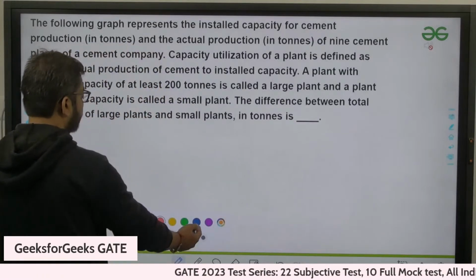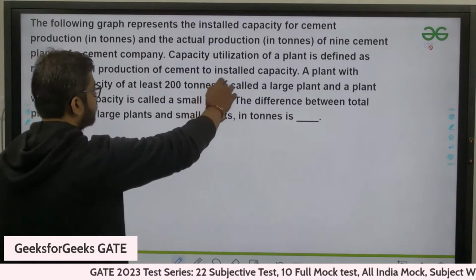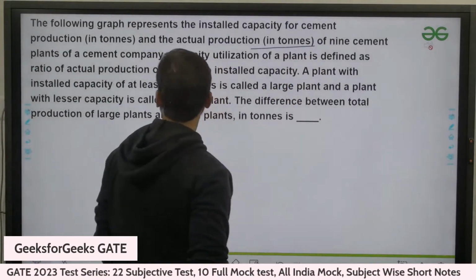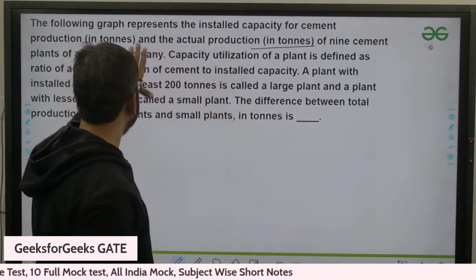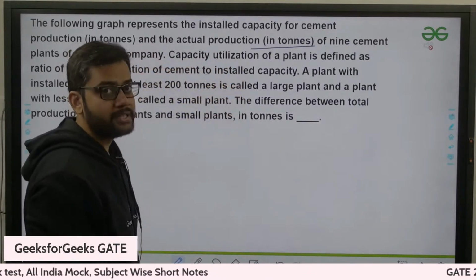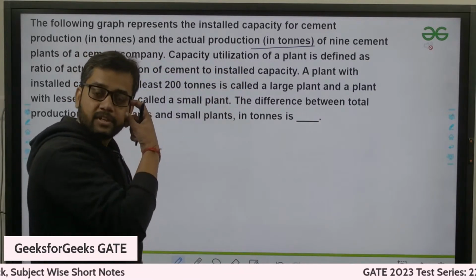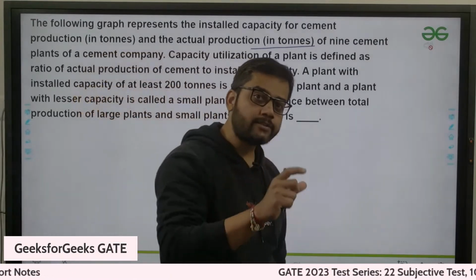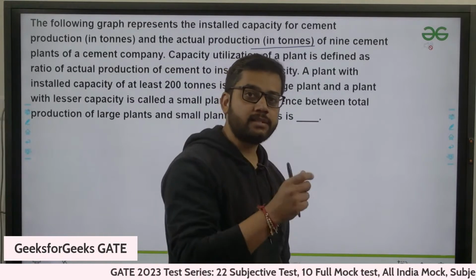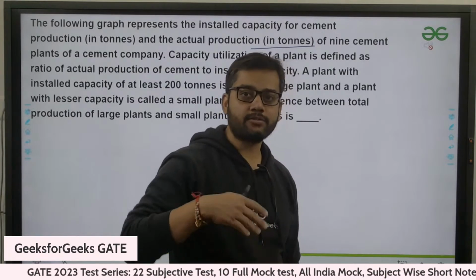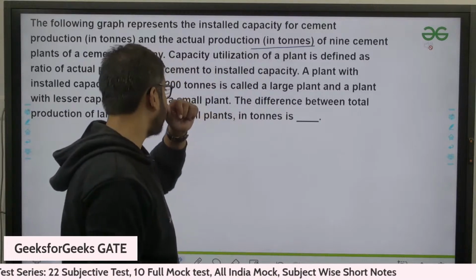So we are talking about the production of cement and the actual production of cement in tons. There are two data given: the installed capacity and the actual production by the specific production house.